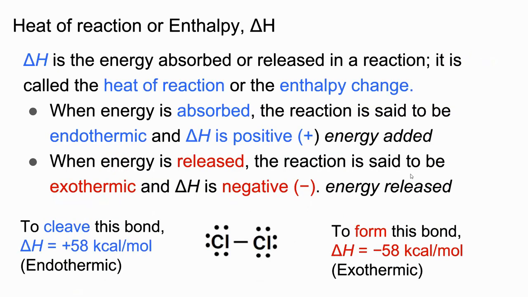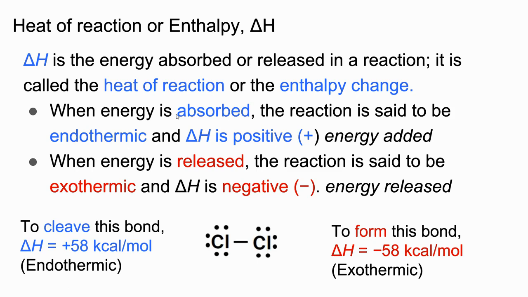So we're going to start talking about this delta H. This is the enthalpy of the reaction, okay, or the heat of the reaction. And this tells us how much energy is added to the reaction or released from the reaction, okay? So when it's absorbed, when we're putting energy in, so something like breaking a bond, that's called an endothermic reaction.